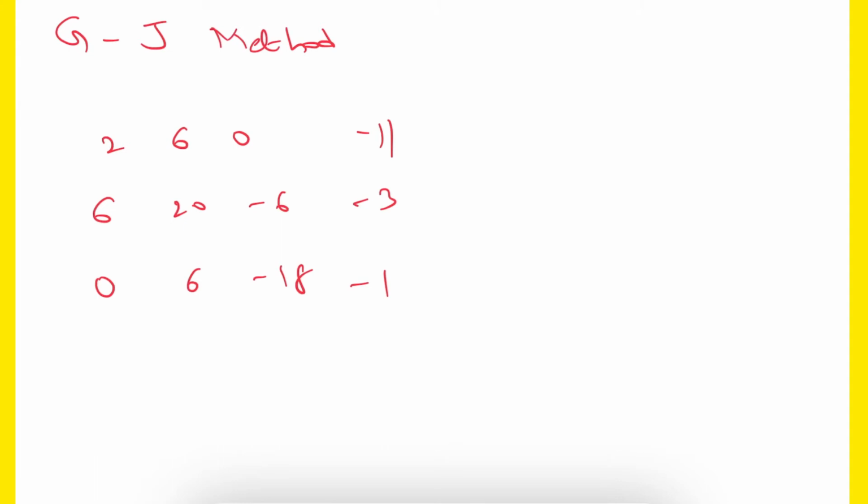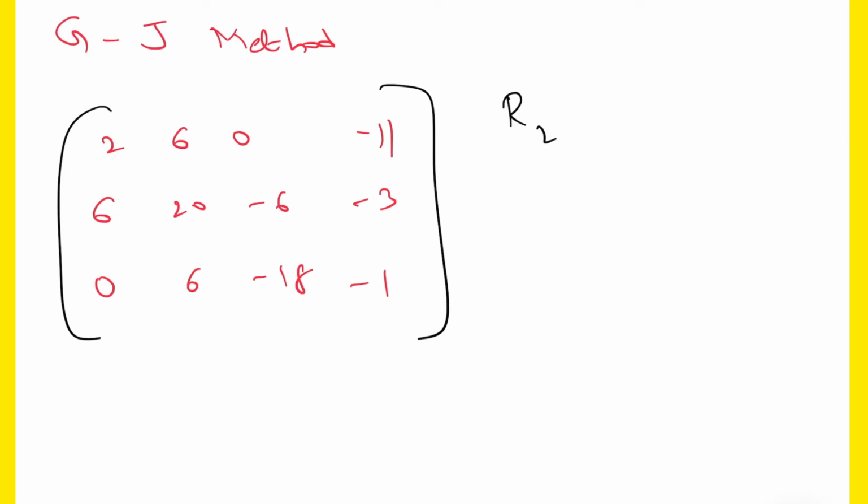So for that we will make some modifications in the rows. Okay, so first what I will do is change row 2 to row 2 minus 3 times row 1.